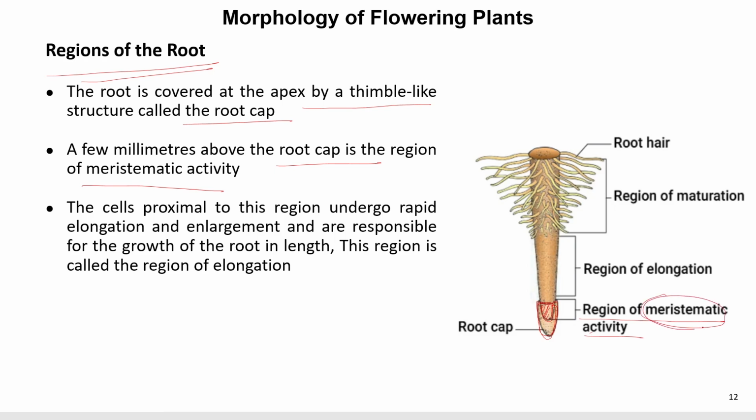What is meristematic tissue? Meristematic tissues are the tissues of growth. They divide and redivide and form a number of tissues. When tissue is added here, the roots go deep down. Means the growth of the root is because of this meristematic activity.